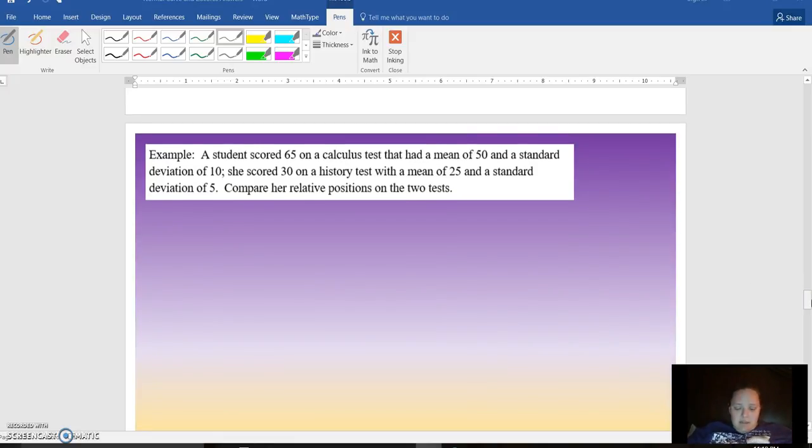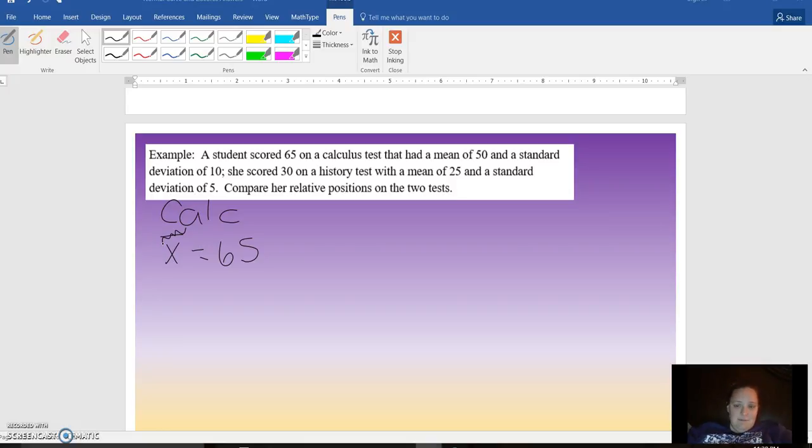Alright, so a student scored a 65 on a calculus test. She scored 65.